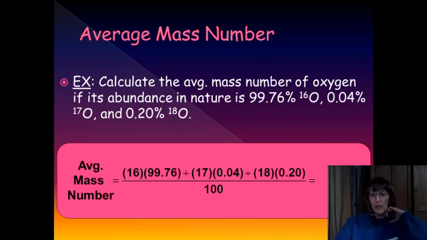And then the third one has a mass of 18, and its abundance is 0.2%. To get rid of all those percents, we just divide the whole thing by 100. So you punch all this into your calculator, and you come out with an average mass of 16.00.